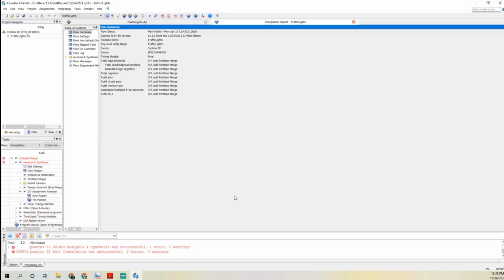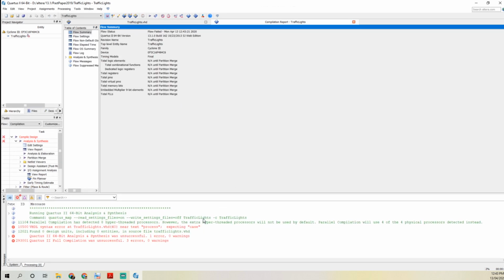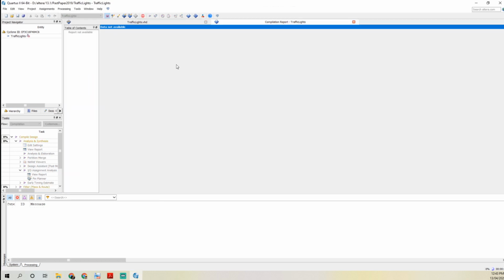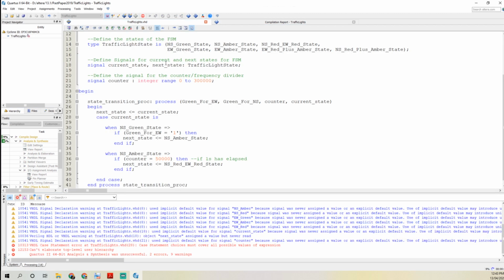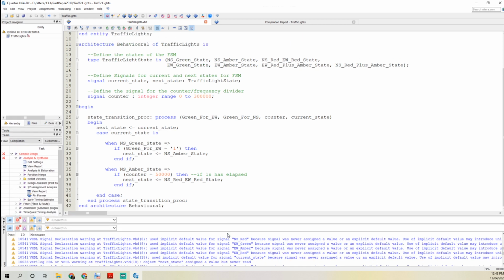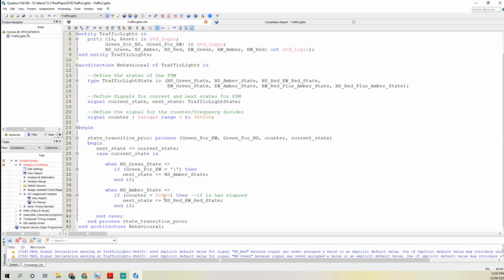All right, because this is going to be a very large piece of code which we don't want to have to debug with multiple errors at the end of it all. All right, so this is just stuff with the case statement for my default case and all that, which we'll take care of in a little while. So let me finish the code for this process and then we'll compile again.